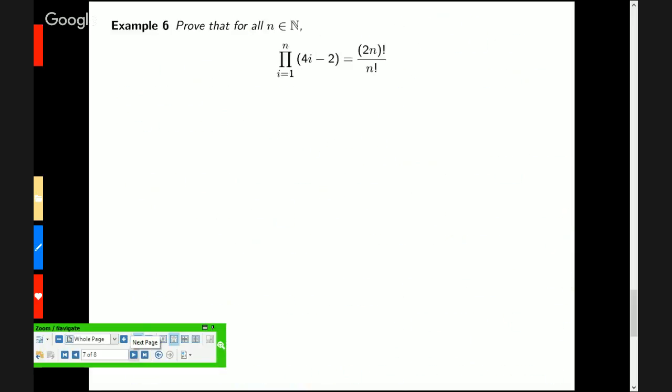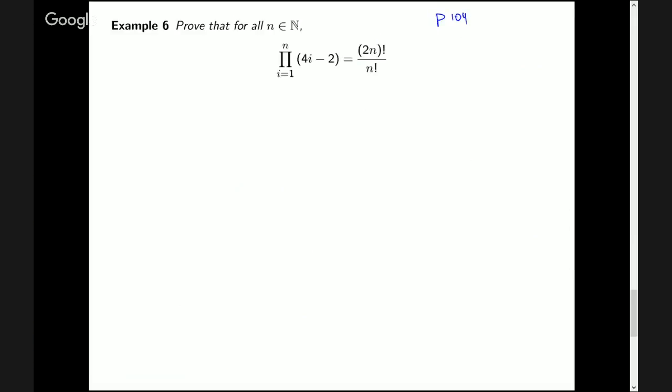So let's look at this one. This one was on the bottom of page 104. It says prove that for all n in the naturals. What does this capital pi mean? Big pi?